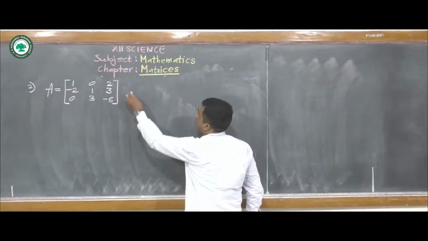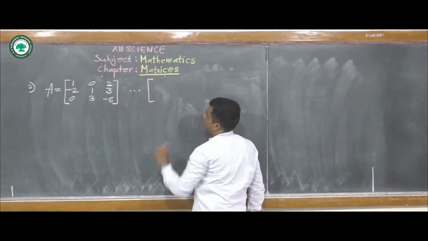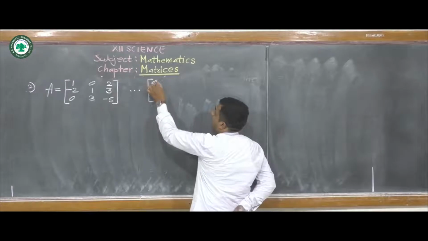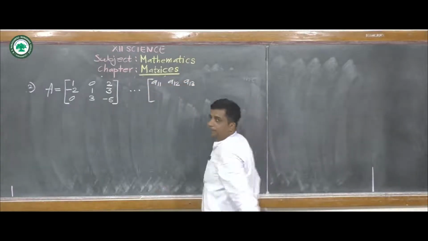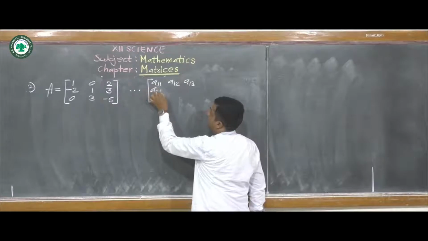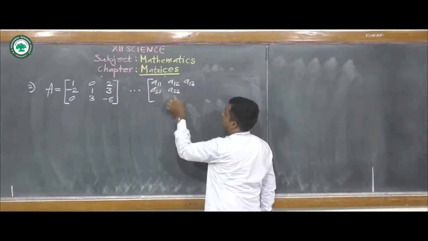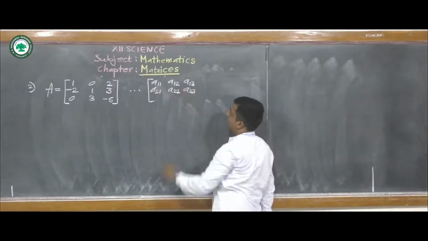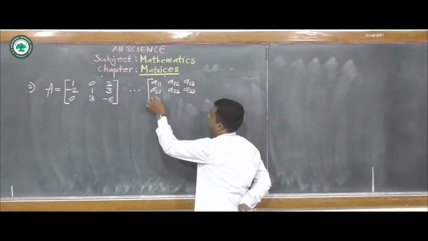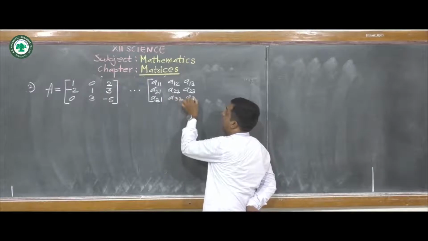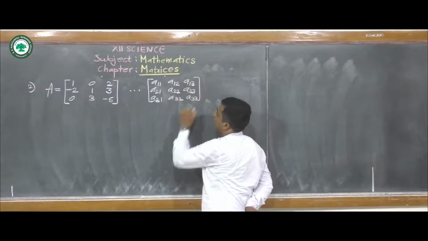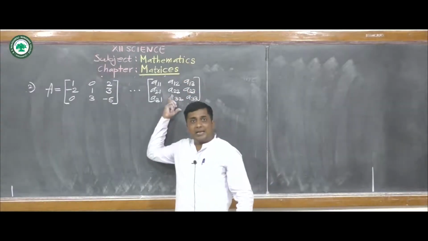Now we know this matrix is in the form A11, A12, A13, then A21, A22, A23, then for the last row A31, A32, A33. Okay, our elements are like this.